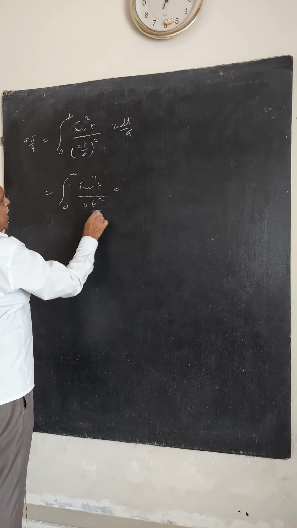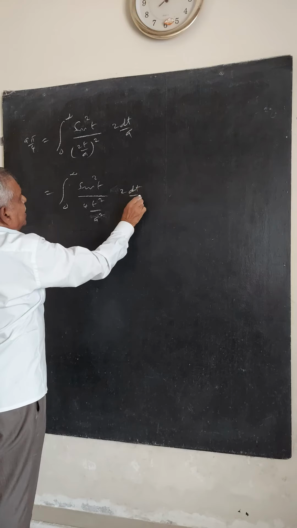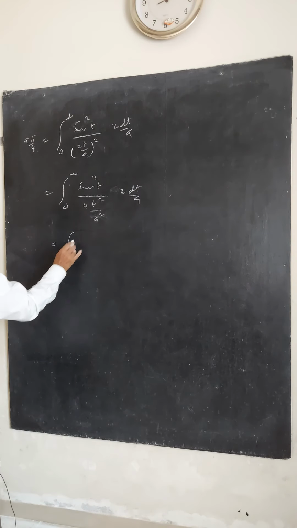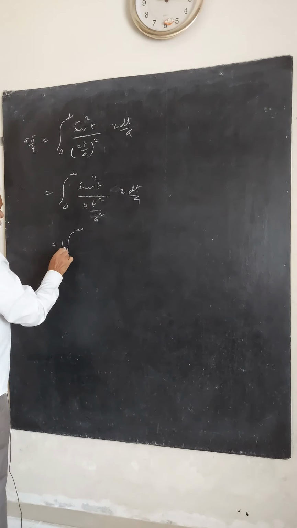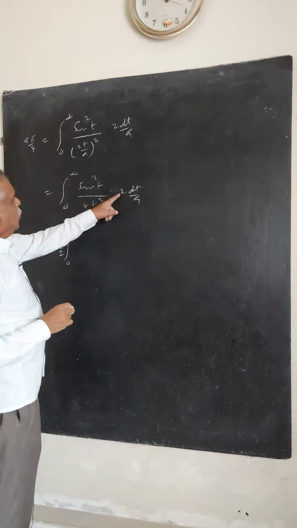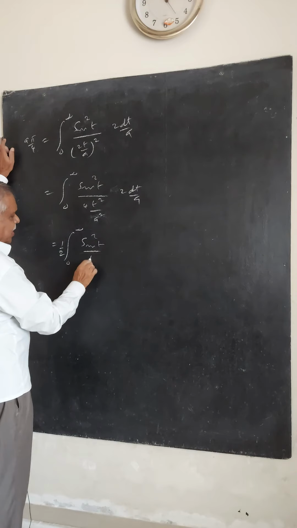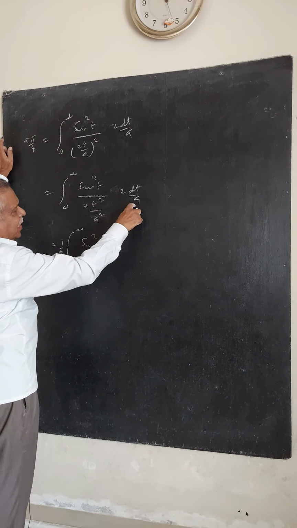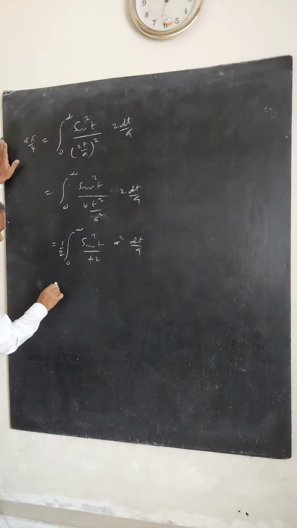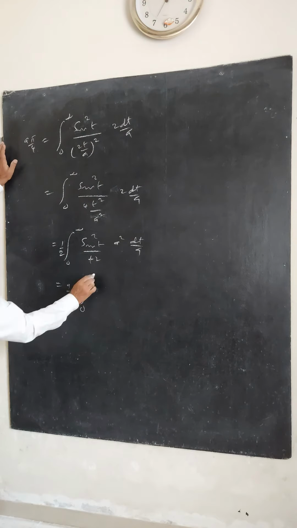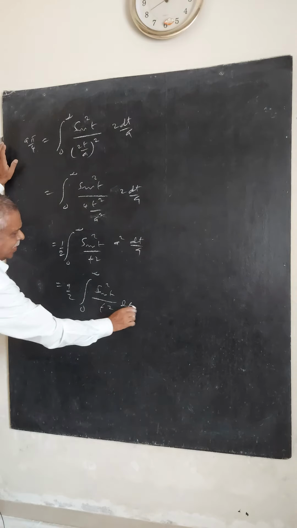A square comes up, and d omega is 2 dt by a. 2 by 4 is 1 by 2. Sin square t by t square, the a comes up, already a is there, a square dt by a, only a cancels. Therefore, a by 2, 0 to infinity, sin square t by t square dt.